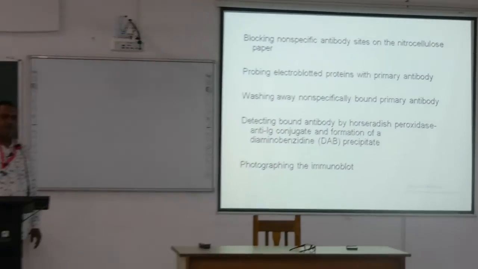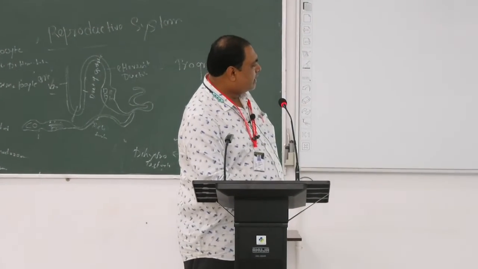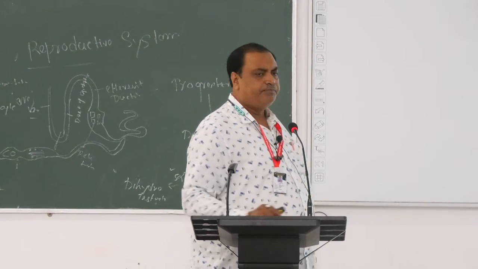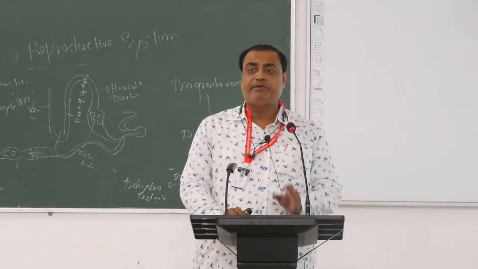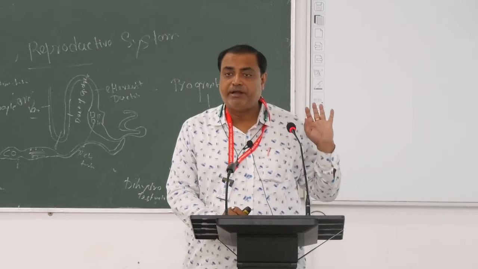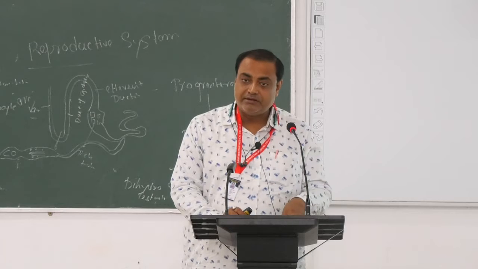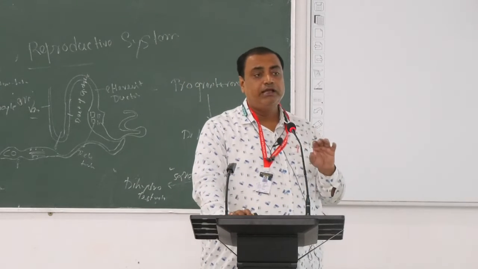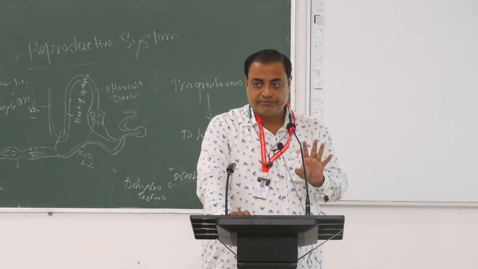When we add the substrate, it produces a color, which shows the presence of our protein of interest on the nitrocellulose membrane, and that too with all its normal natural properties. It is not wasted.